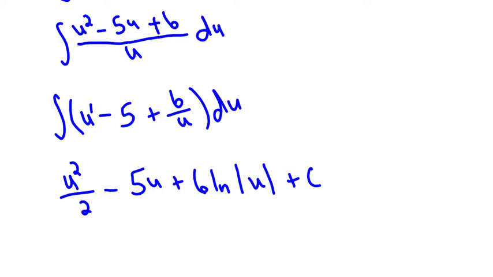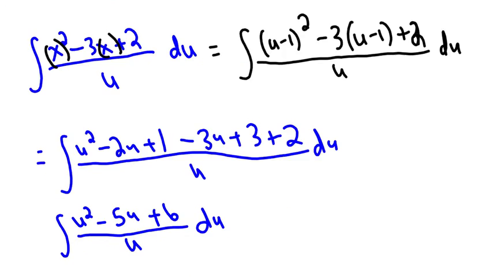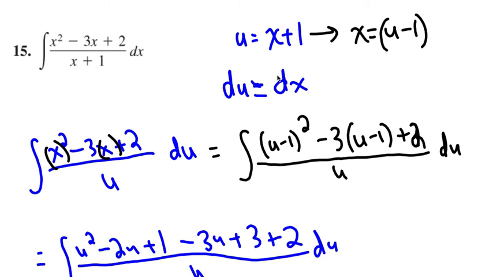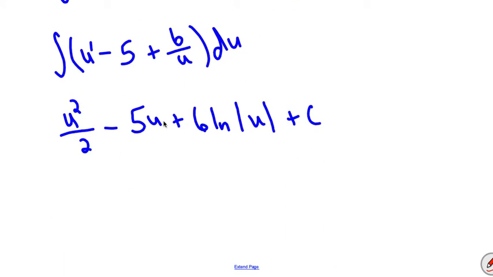All right, now we want to put this back in terms of x, so come back up here. u is x plus 1. So I'm going to plug that in for u in my last step.